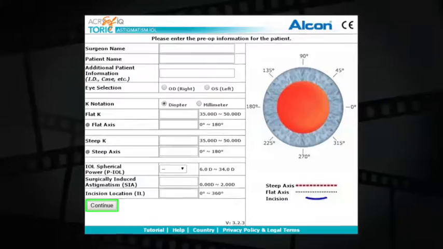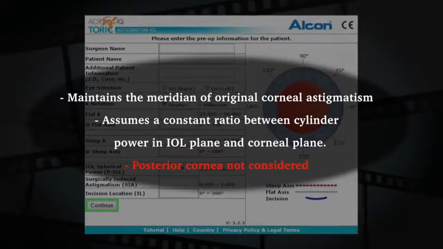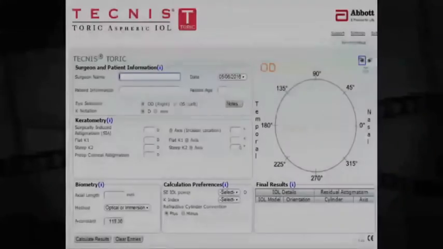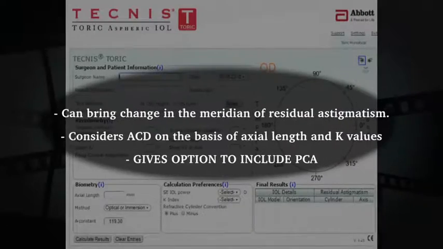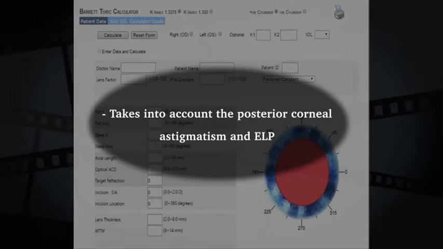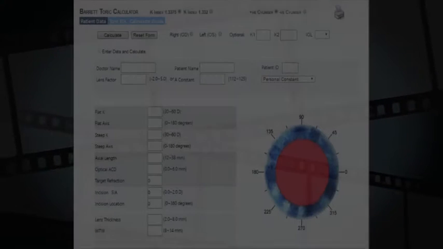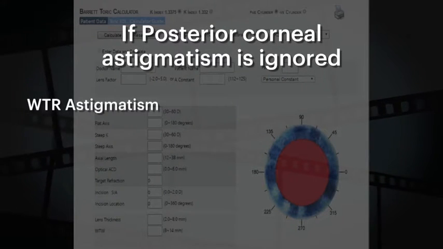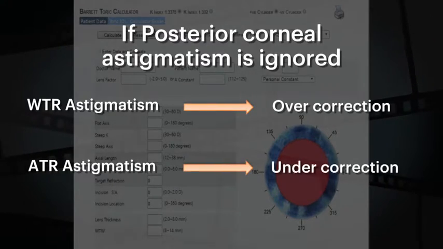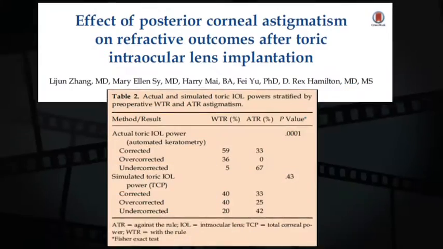Till recently, the online calculators assumed a constant ratio, but with the advent of Baylor's nomogram, which took into account the posterior corneal astigmatism and final effective lens position, posterior corneal astigmatism is now included in many of the online calculators for toric IOL planning. If posterior corneal astigmatism is ignored, it can lead to overcorrection in with-the-rule astigmatism and undercorrection in against-the-rule astigmatism.